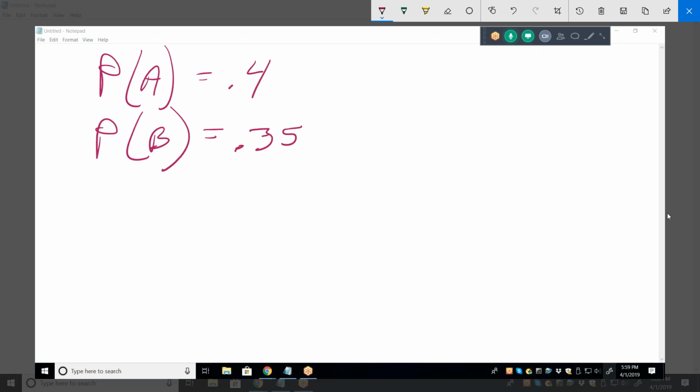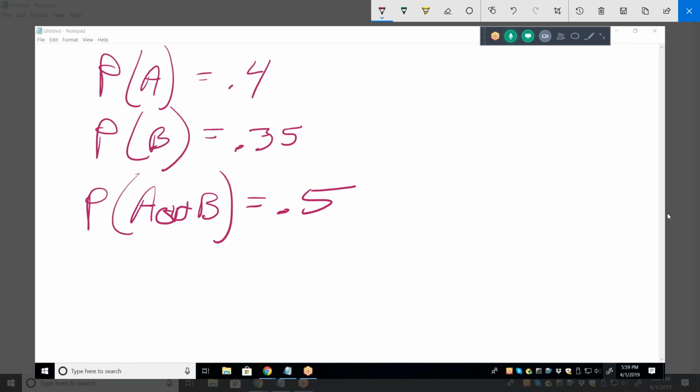And then the probability of A or B is 0.5. They use the word or. And then we have to find the probability of A and B.